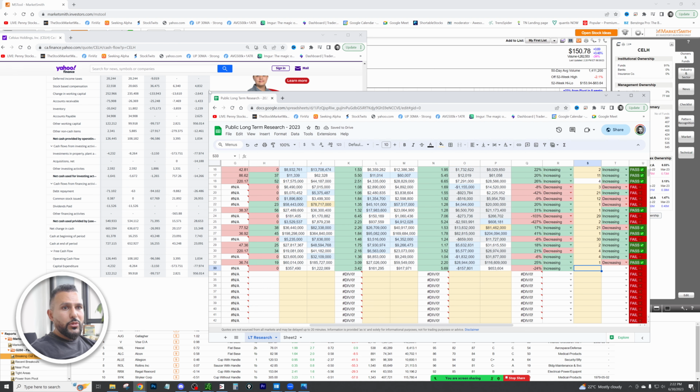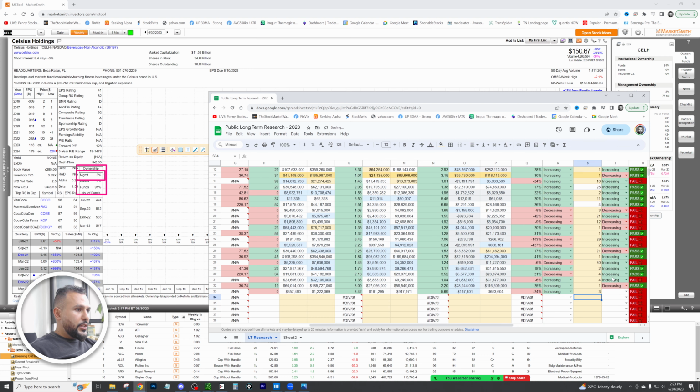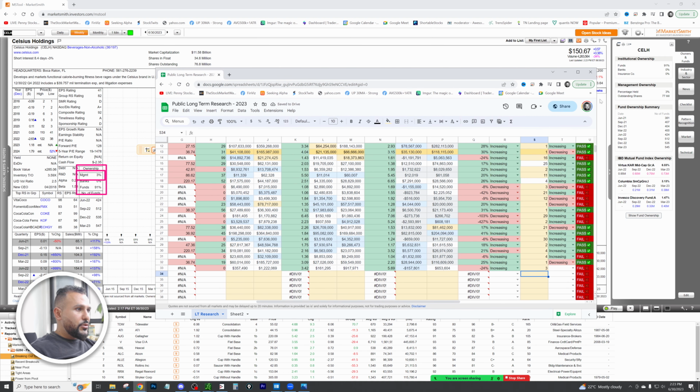Now we want to see how much management owns. And to do that, we're going to jump over to the MarketSmith tool again. You can see right here, management owns 3% of that. All right, so we're going to plug in 3%. And we're going to take a look at the funds. Are the funds increasing or decreasing?